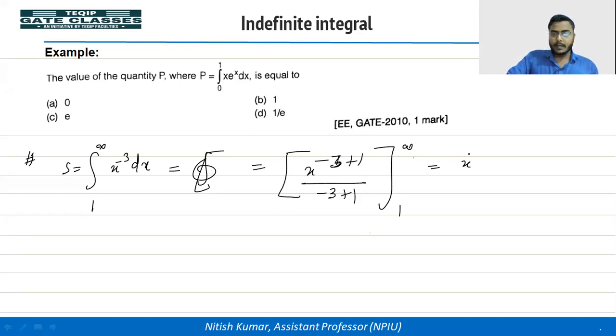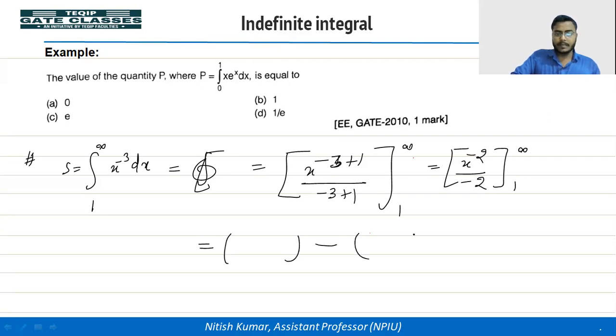So we can get here x to the power minus 2 divided by minus 2, from 1 to infinity. Now, upper limit minus lower limit. Upper limit infinity to the power minus 2 divided by minus 2, minus 1 to the power minus 2 divided by minus 2. What are we getting here?